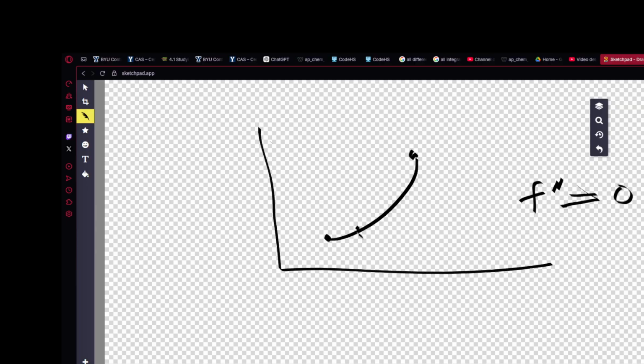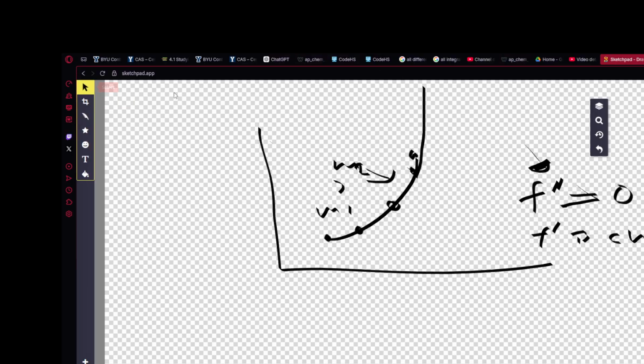If you take the slope between these 2 points, and the slope between these 2 points, I would argue that this slope is steeper than this slope, which makes sense because f double prime is how fast f prime is changing. So if f double prime is positive, then it's going from a small positive to a greater positive, getting a greater slope, and so on.